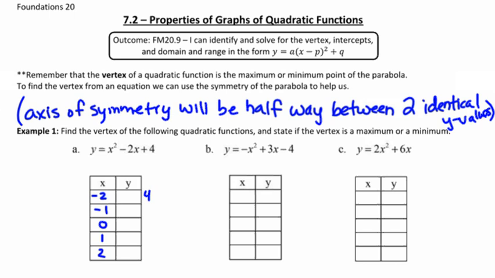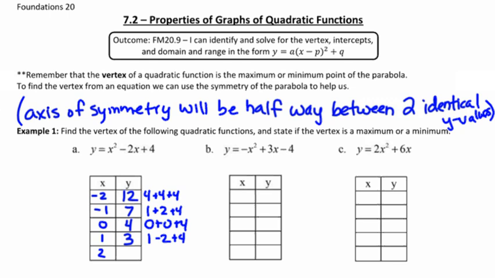Minus 2 times -2 is +4. +4 will give us a 12. -1 squared is 1. Minus 2 times -1 is +2. +4 is 7. 0 squared is 0. Minus 2 times 0 is 0. +4 is 4. 1 squared is 1. Minus 2 times 1 is -2. +4 is 3.